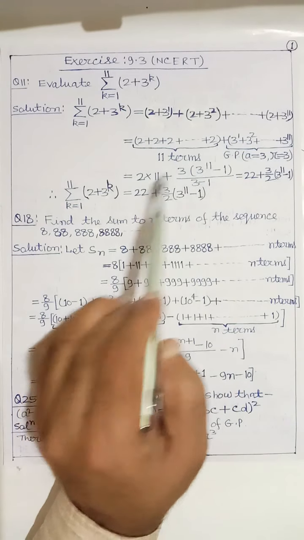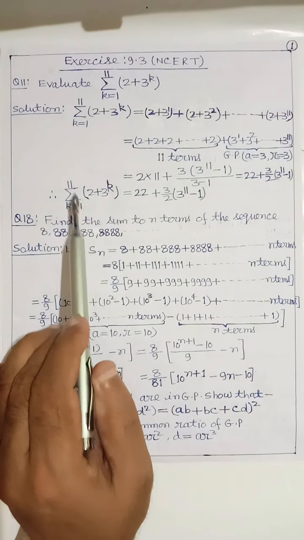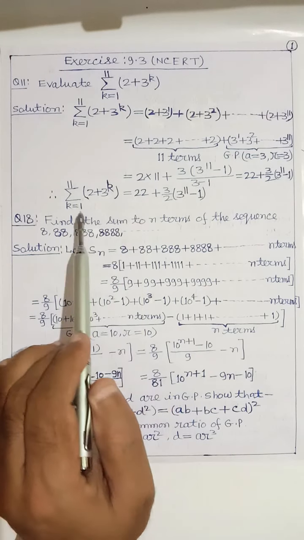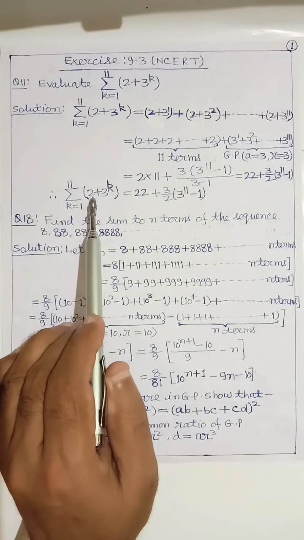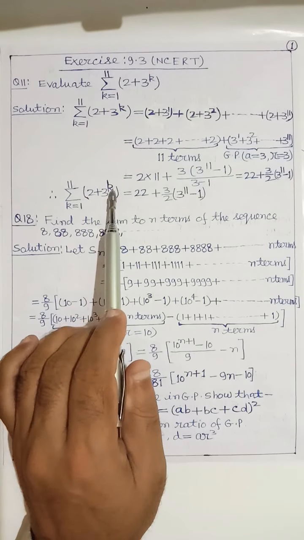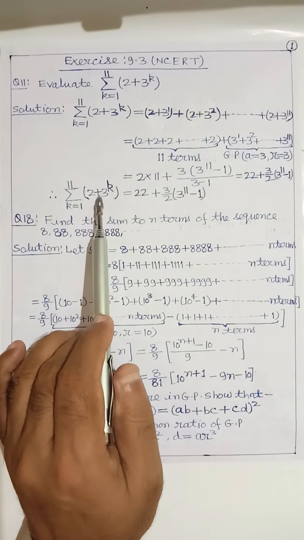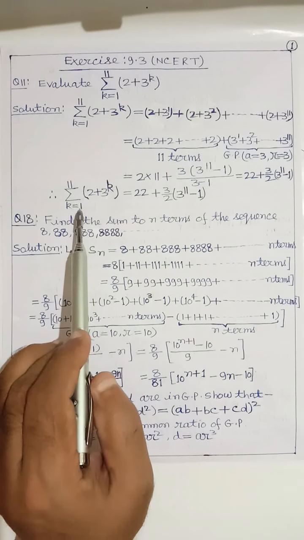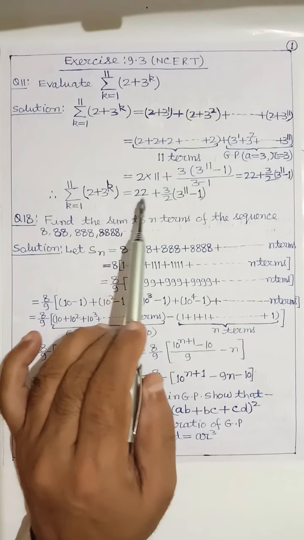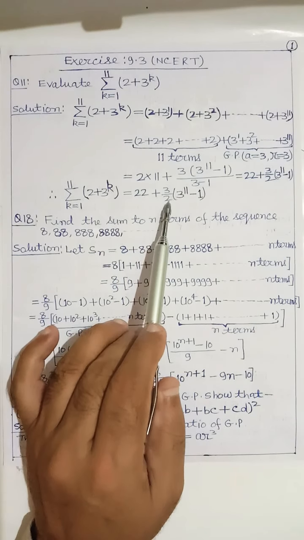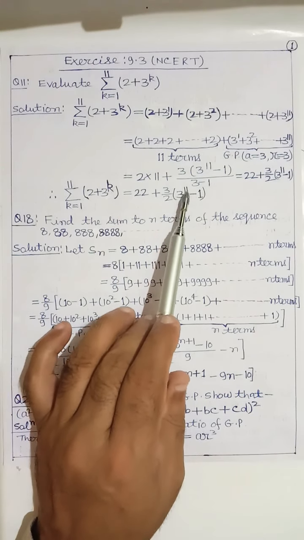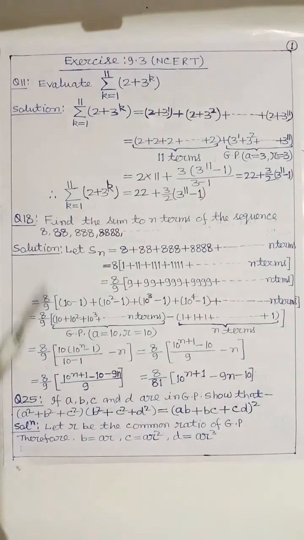So here we get summation 2 plus 3 to the power k, where k varies from 1 to 11, equal to 22 plus 3 by 2 into 3 to the power 11 minus 1.